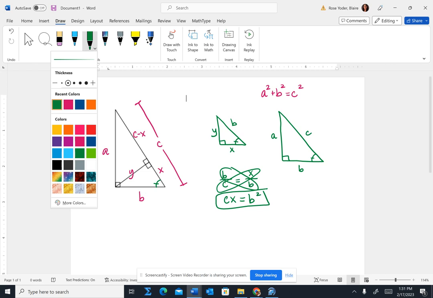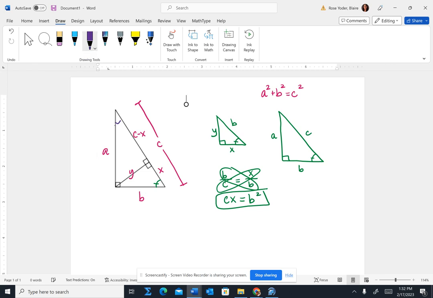So now how about, I'll switch colors again. I'm going to put an arc on this angle, and how about I copy that triangle? So I'm going to flip it around, so that the right angle's here, and that arc is on top.